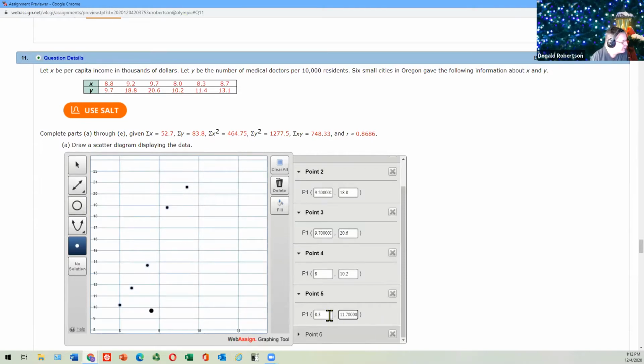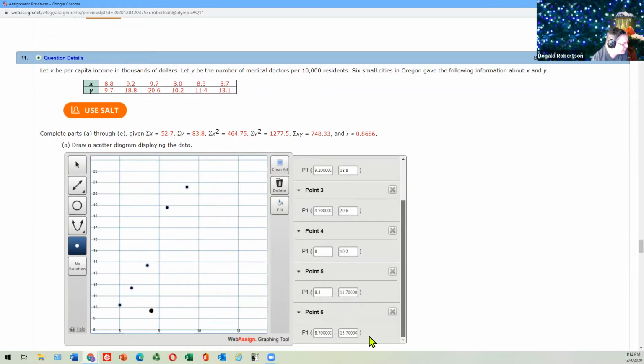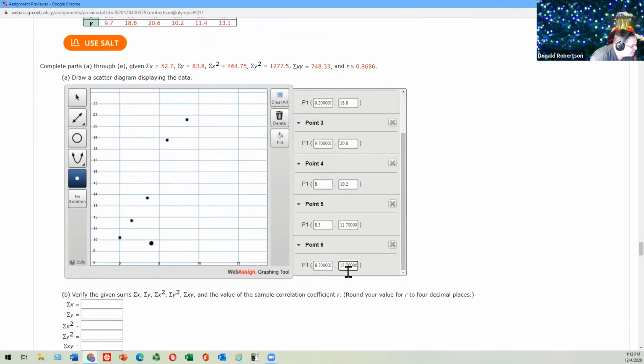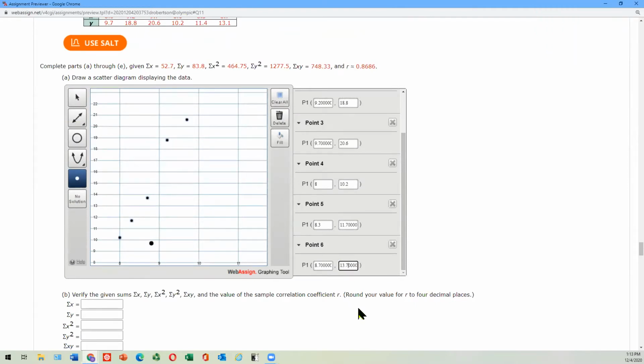The last one should have been 8.7, 13.1. Is that the last point? No, it's not. Okay. That's better. 8.7. Oh, I didn't quite get that last guy. You can also drag the dots and it will show what the numbers are.